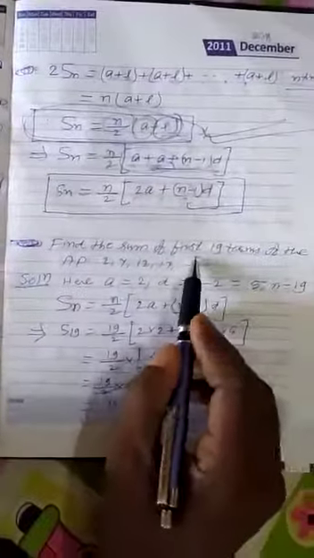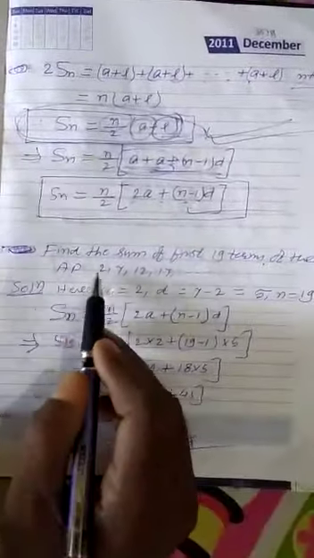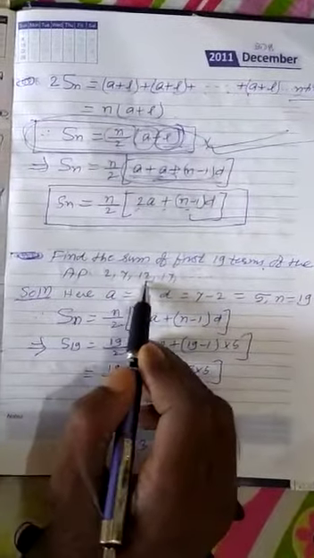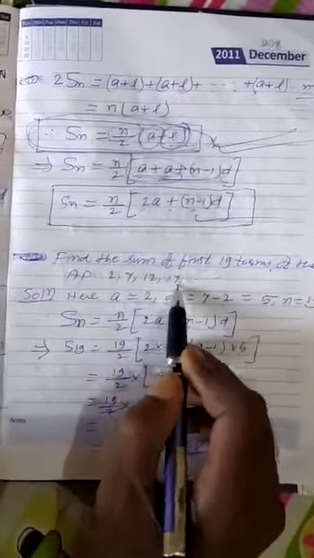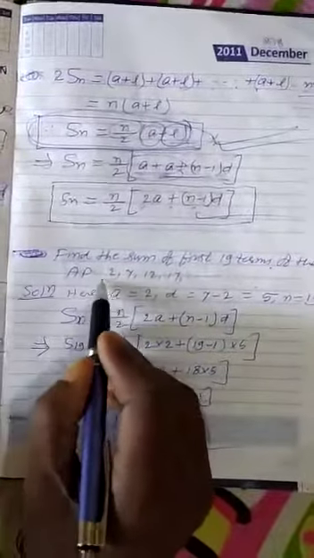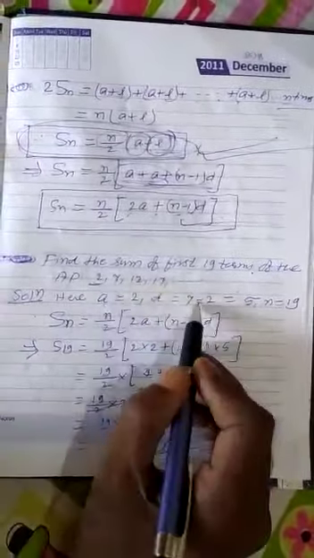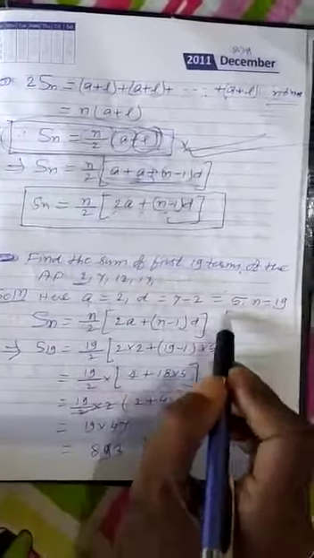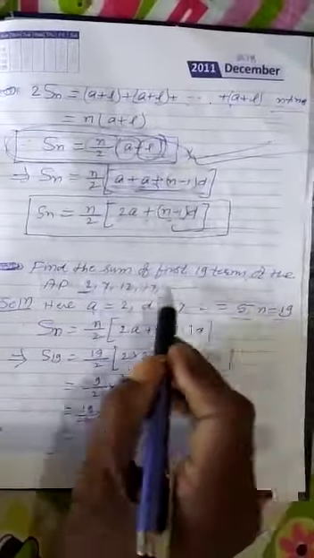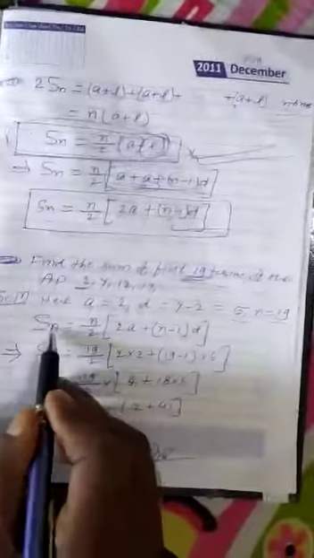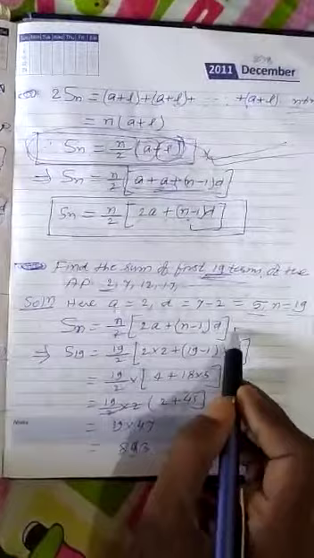Find the sum of the first 19 terms of the AP 2, 7, 12, 17, and so on. Here a is equal to the first term, 2, d is equal to 7 minus 2, that is 5, 12 minus 7 is 5, n is equal to 19 terms. So Sn is equal to the formula n by 2 (2a plus (n minus 1) into d).